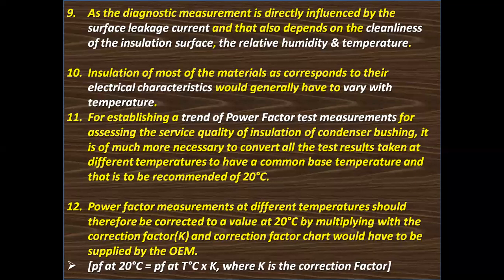Power factor measurements at different temperatures should therefore be corrected to a value of 20 degrees centigrade by multiplying with the correction factor K, and the correction factor chart would be supplied by the original equipment manufacturer. Therefore, power factor at 20 degrees centigrade equals power factor at T degrees centigrade, that is the environmental temperature when measuring the PF, into K, where K is the correction factor for 20 degrees centigrade conversion.